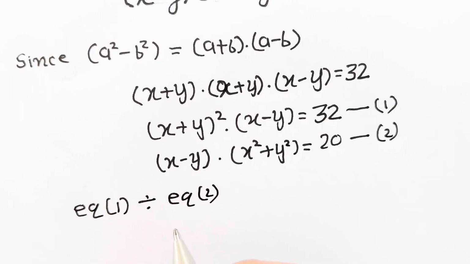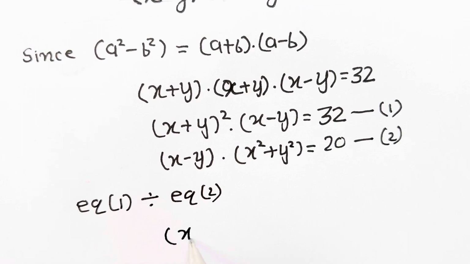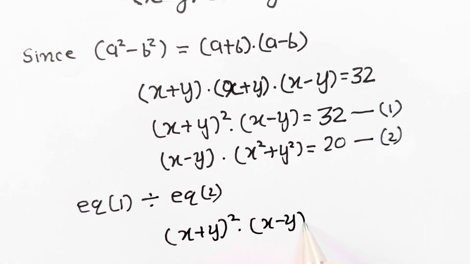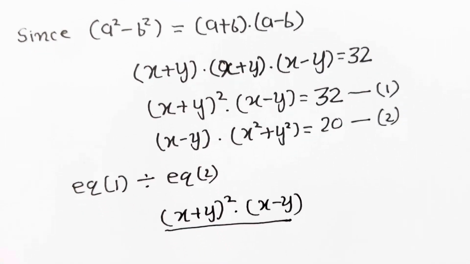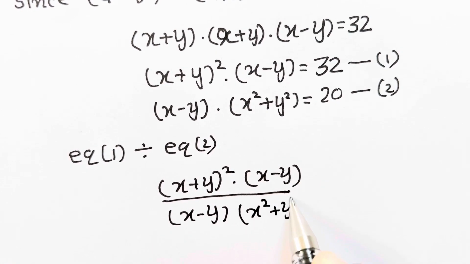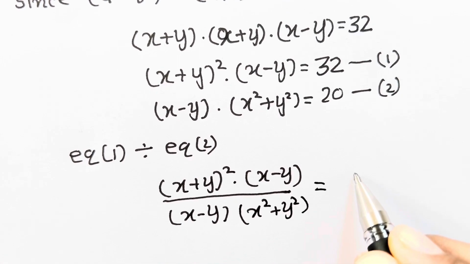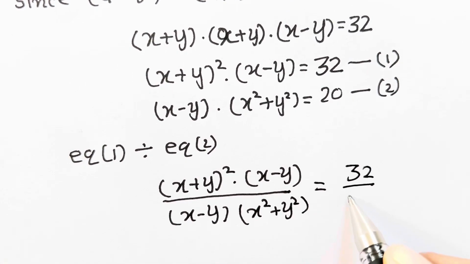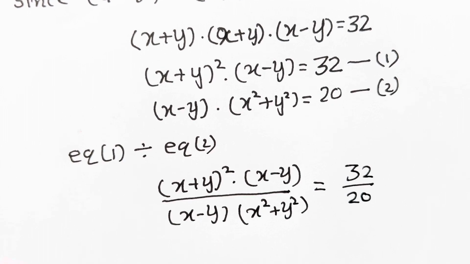What we will get? x plus y the whole square into x minus y divided by x minus y into x square plus y square is equal to 32 divided by 20.